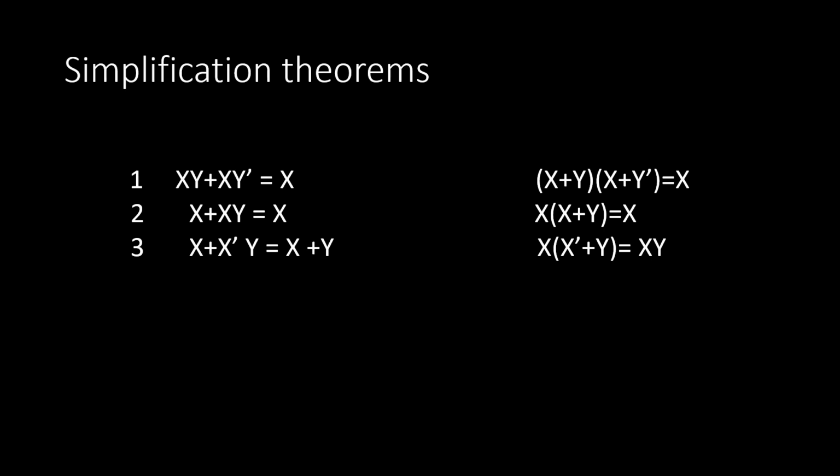So, the simplification theorems that we will cover in this video are the three given here in this slide. For the three theorems you have three more theorems here that are related. How are they related? The theorem at the right side of the slide is the dual of the theorem at the left side.